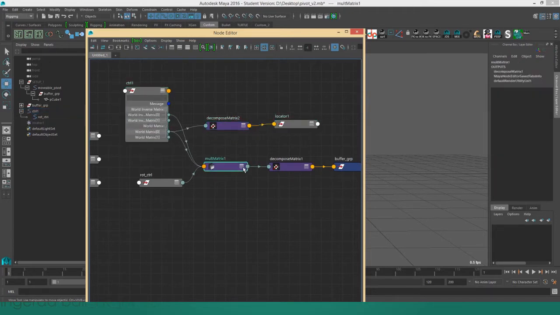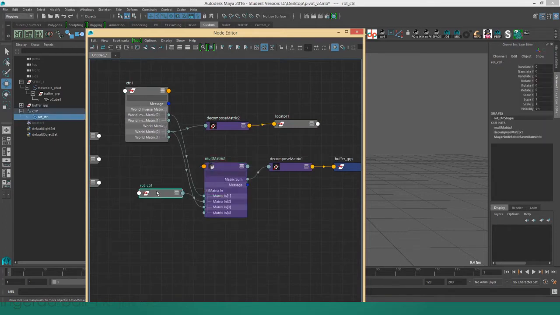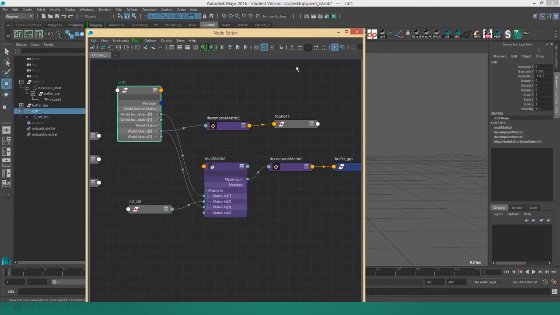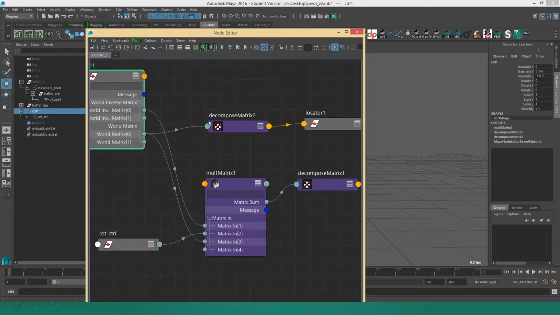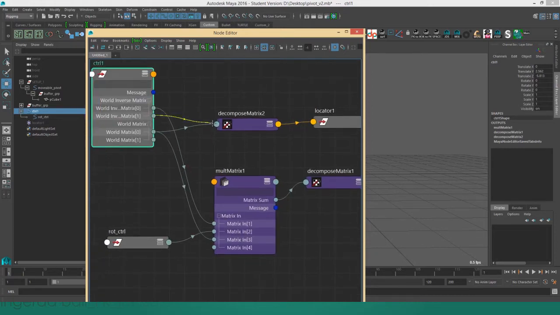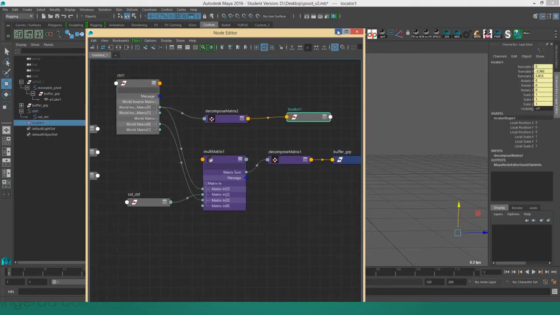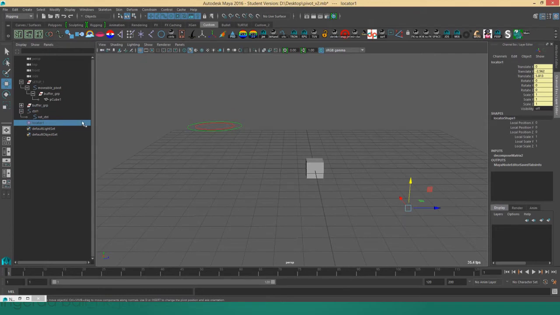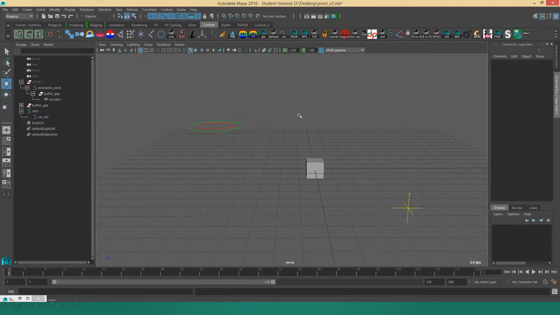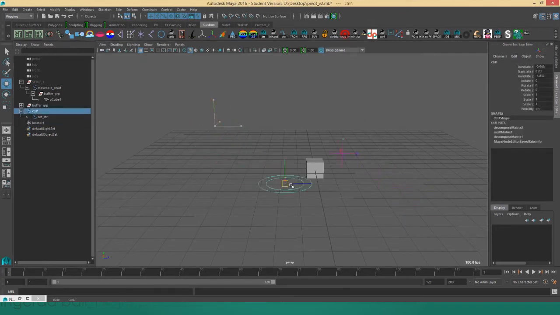And we are taking the world inverse matrix from up here and plugging it into a multiply matrix node. So to show you what that would look like, I'm going to take the world inverse matrix node from here, plug it into a decomposed matrix node, and apply it to this locator. So this is what an object would look like if you were just to apply the world inverse matrix.